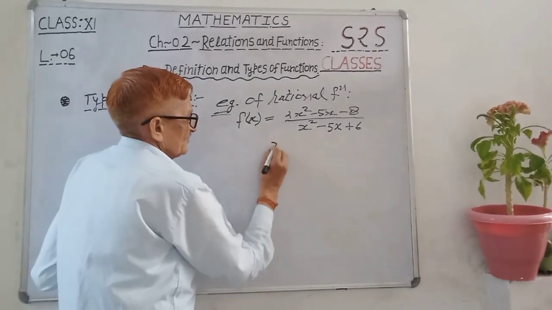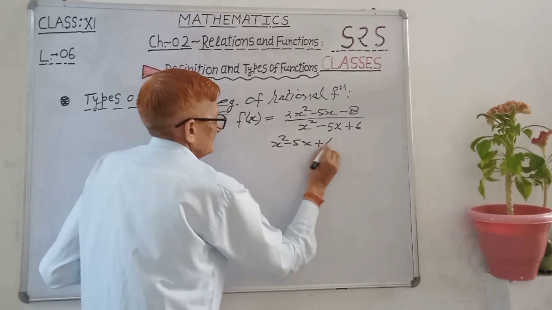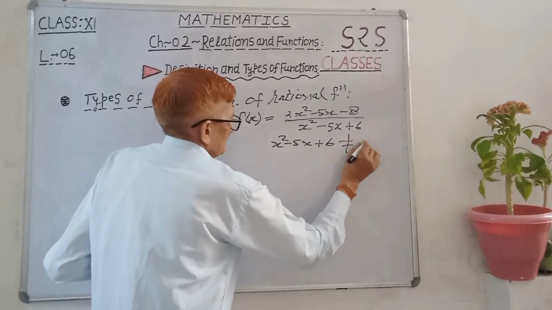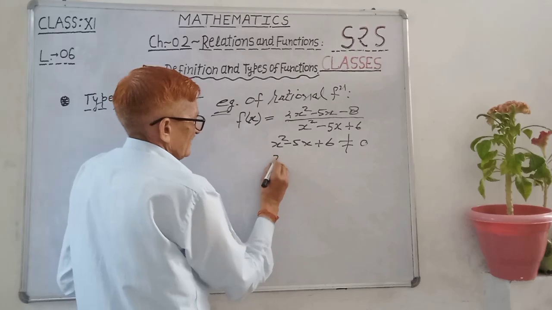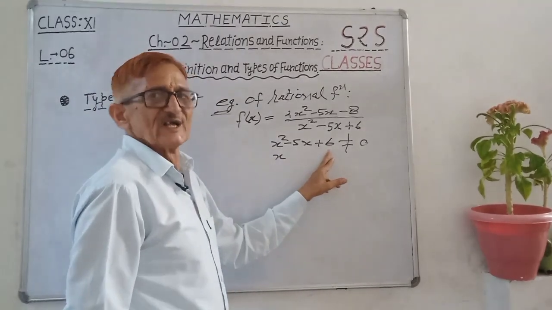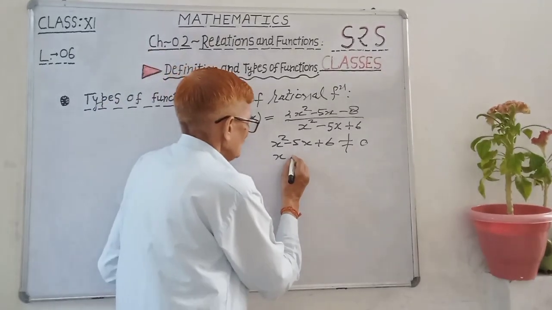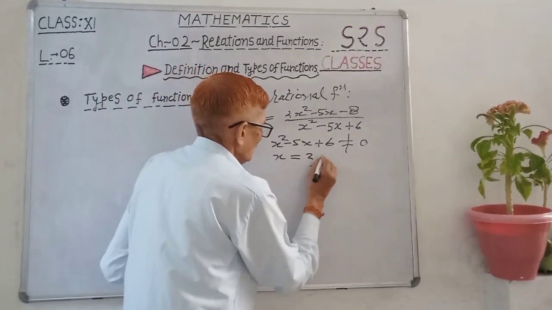So this should not be 0: x square minus 5x plus 6 should not be 0. Then factorize: what factors will it have? 3 times 2 is 6, -3 and -2, okay, then 2 and 3. So x is equal to 2 and 3.